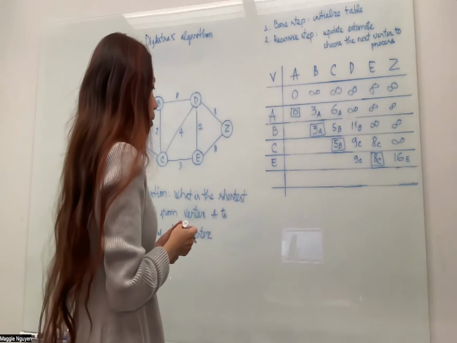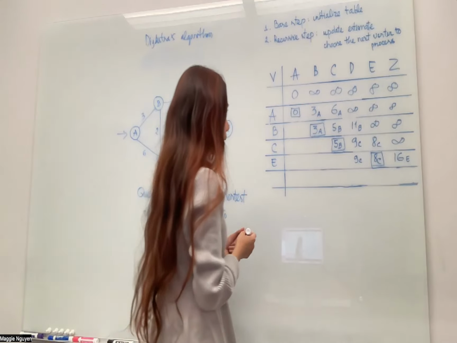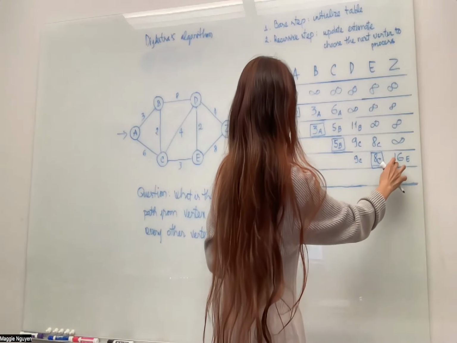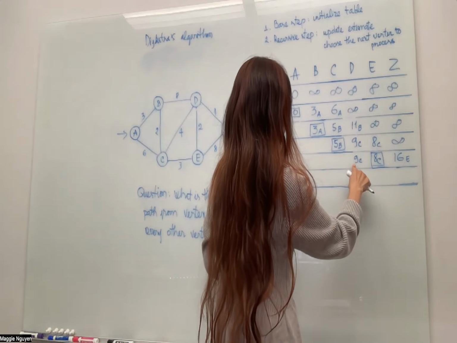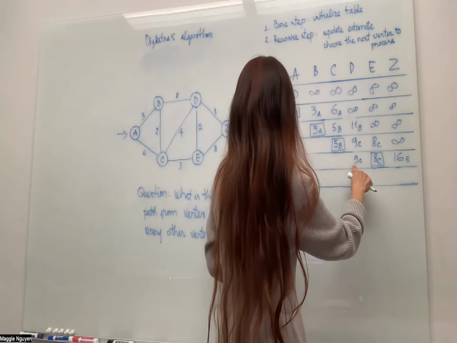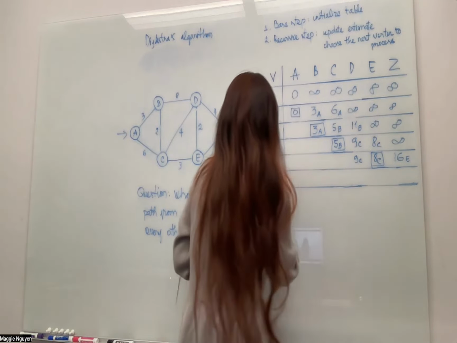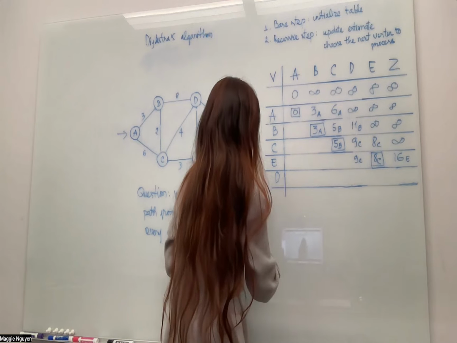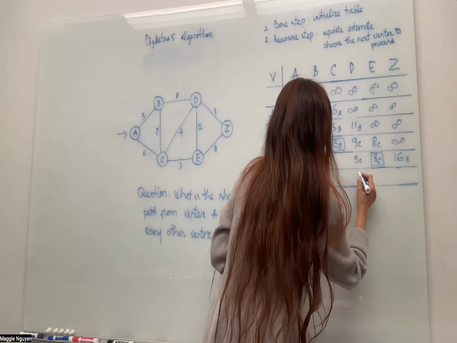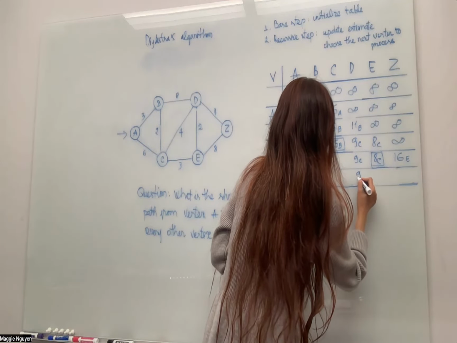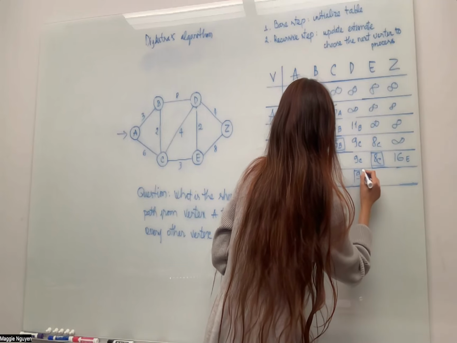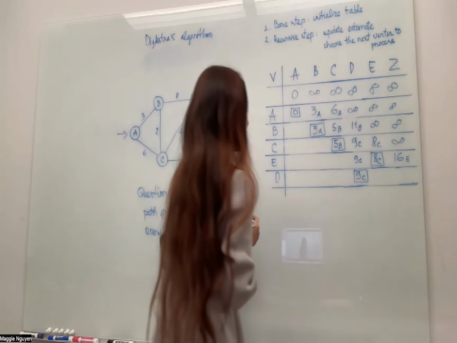Okay. So now between D and Z, D has the smaller value, so we should choose D. So now we explore D. And I copy down the value 9 from C here.